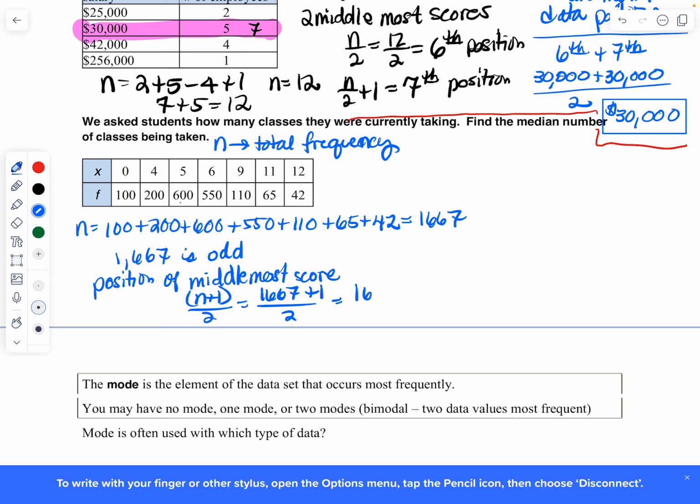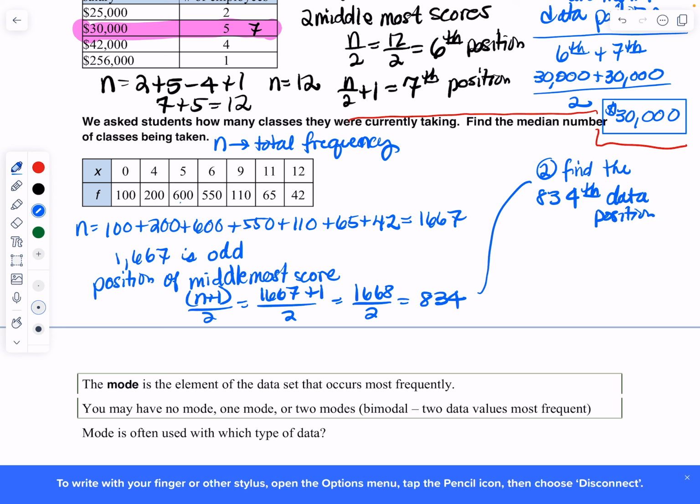So it's 1668 divided by 2. So 834 is going to be the position of the middlemost score. Now we have to find the 834th data position.